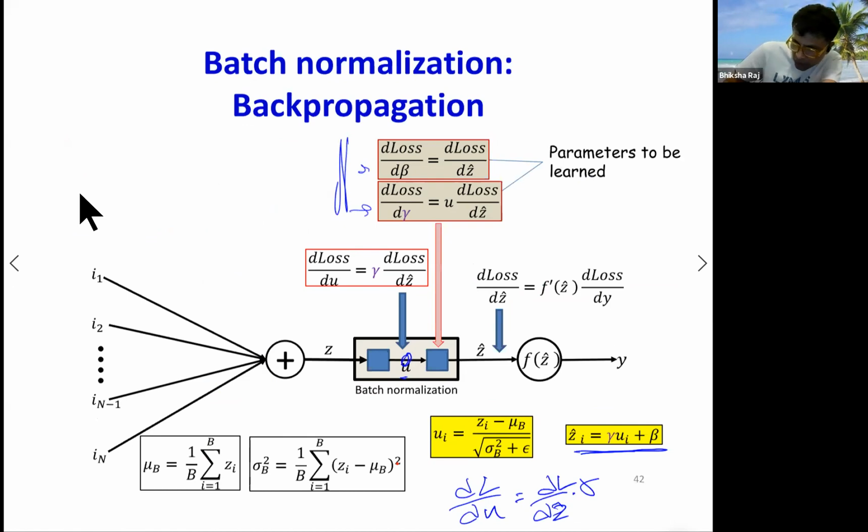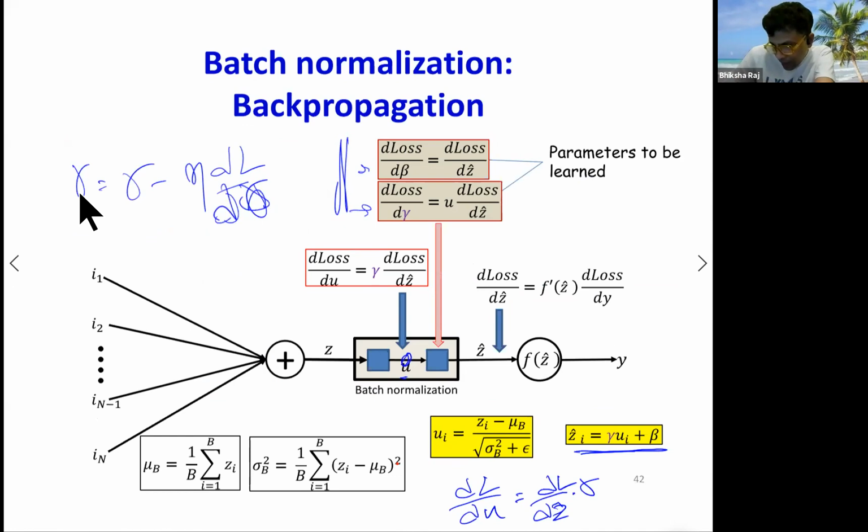So you use these within your standard gradient descent, and you learn beta and gamma for every neuron. Beta is really just the bias, and gamma is a scaling parameter. Did that answer your question?